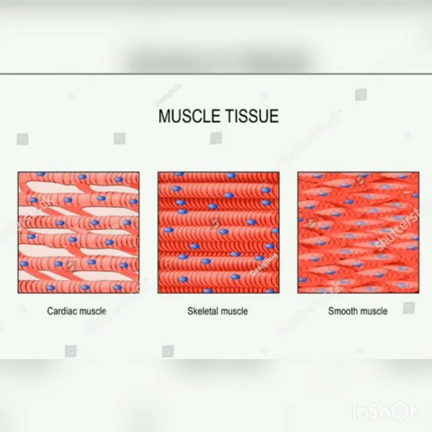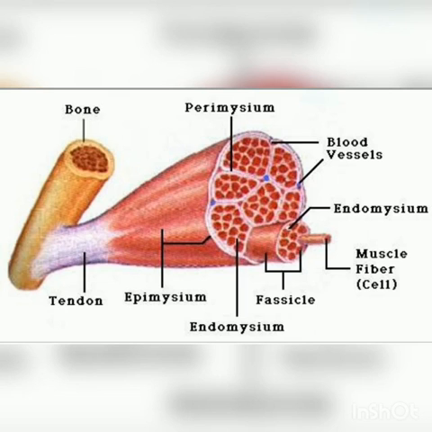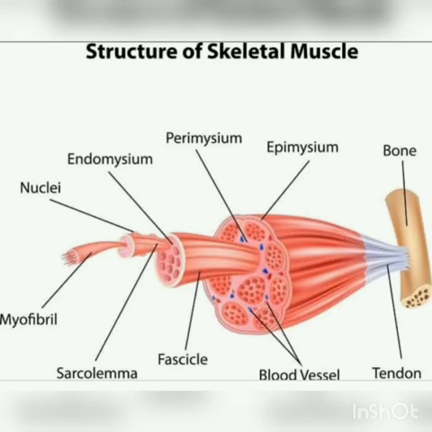Next is muscle tissue. Each muscle is made up of many long cylindrical fibers which are arranged parallelly. These fibers are composed of numerous fine fibrils, small units of fibers, which are called myofibrils.